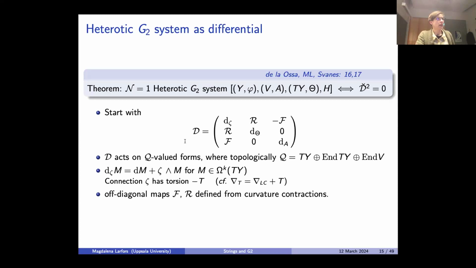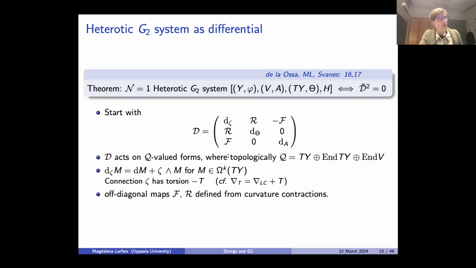And then this operator acts on forms that take values in the tangent bundle and these endomorphism bundles. And then there are two maps here, R and F, which I haven't written out on the slide, but they are defined from contractions with the curvatures of the theta and the A connection on these two bundles.